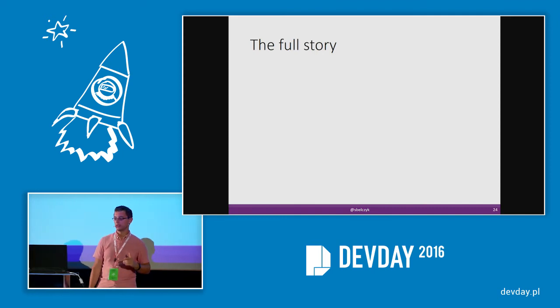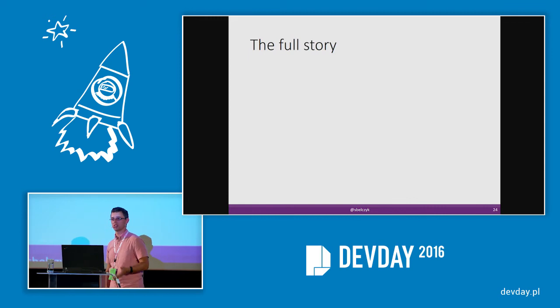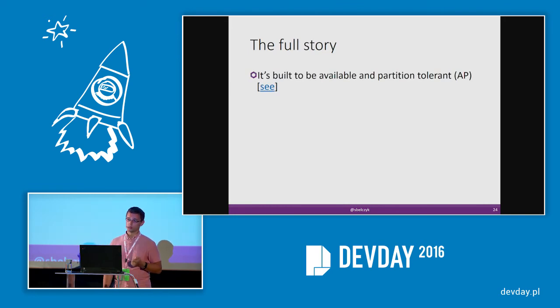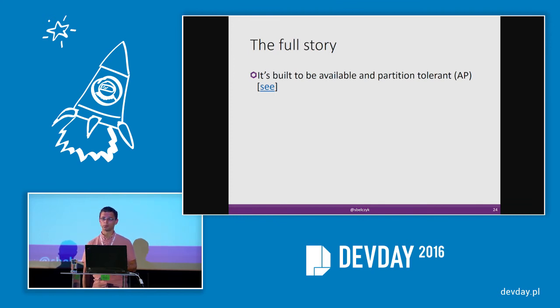I want to leave you with the full story, because maybe creating the service is not difficult, but you still work with a distributed system, so you have to know certain things. The first thing is that Orleans was built to be available and partition tolerant, which means that if you have a network partition in your cluster, nodes have up to, I think by default, 60 minutes to notice that other nodes are not available, and then to decide on the new membership.